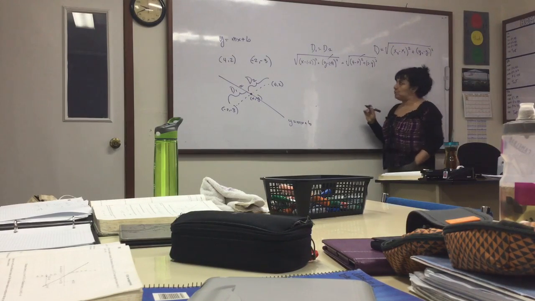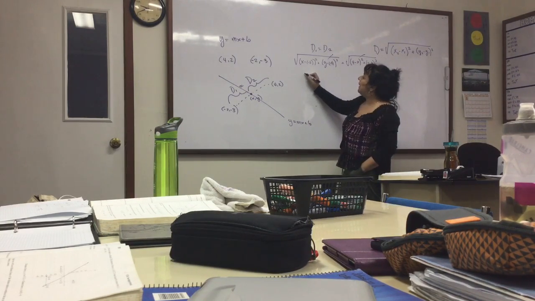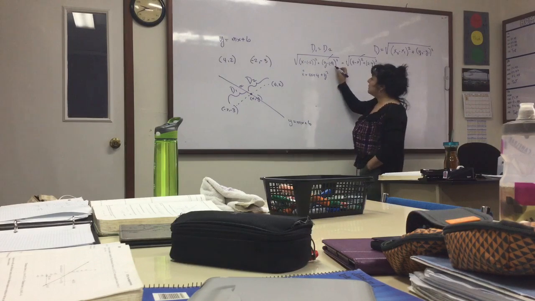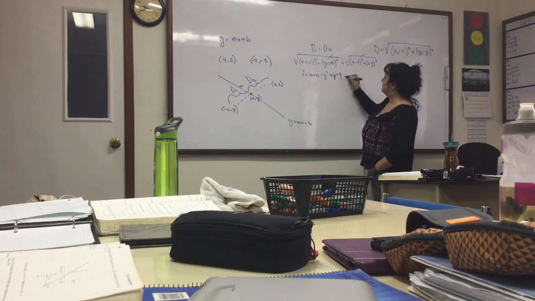Okay. So we've got, I'm going to get rid of the square roots because I have square roots on both sides, so that's no problem. And this would be x squared plus 4x plus 4 plus y squared plus 6y plus 9.